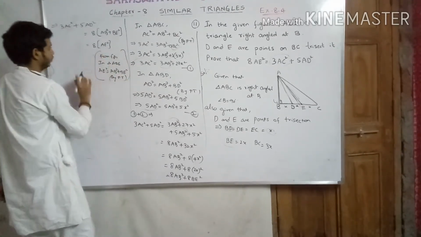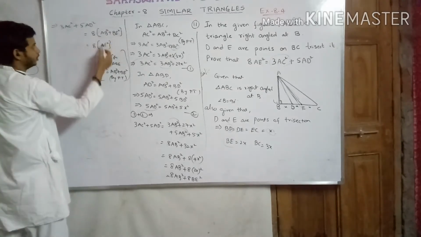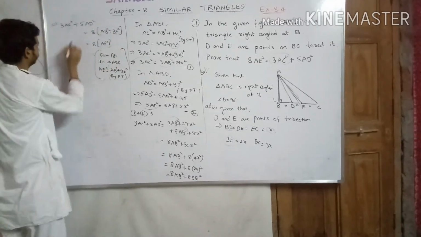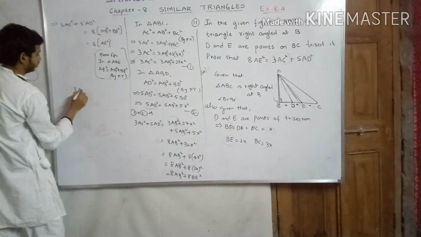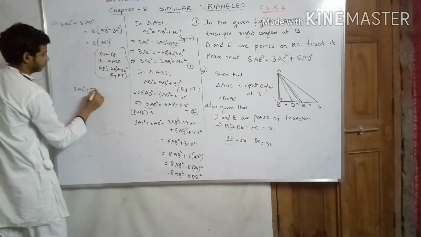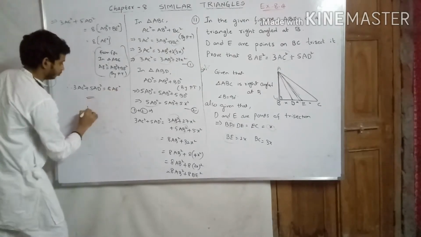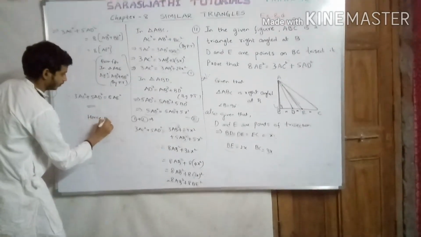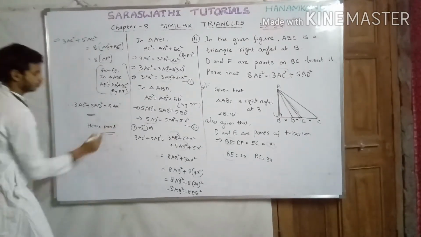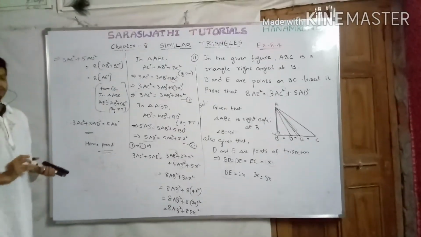So in place of ab square plus b square we have written a square. Therefore 3ac square plus 5ad square equals 8a square. So hence proved, this is the required proof. We shall discuss the next question.